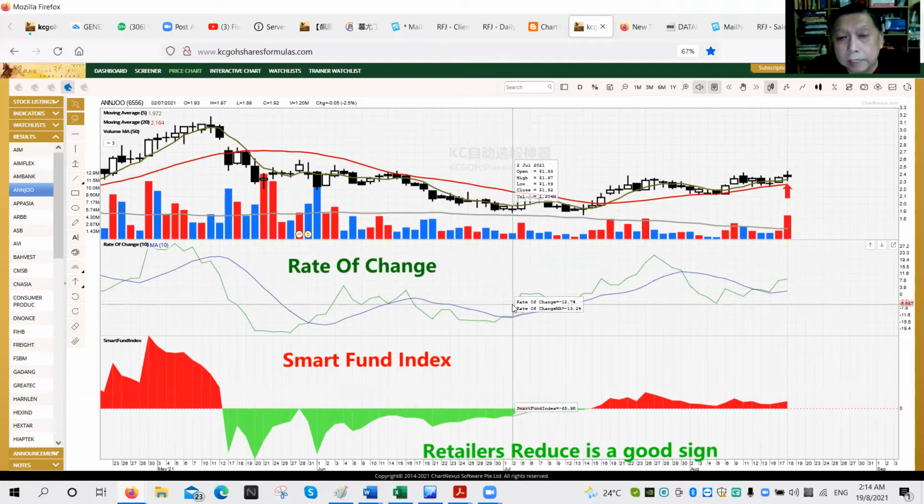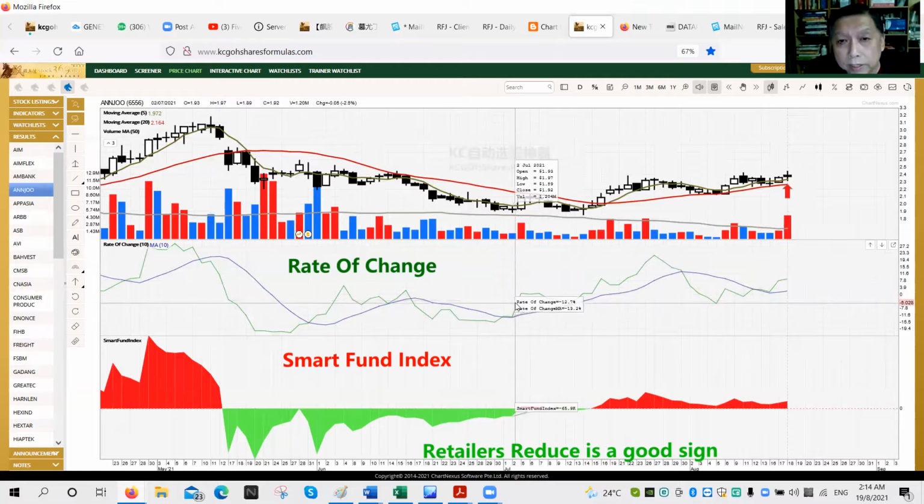Since we already confirmed that the price has reversed up, the likelihood is that the stock will be moving upward quite fast. So in order to catch it, we have to enter at the opening price. The opening price for Anju is 192. We just take it.